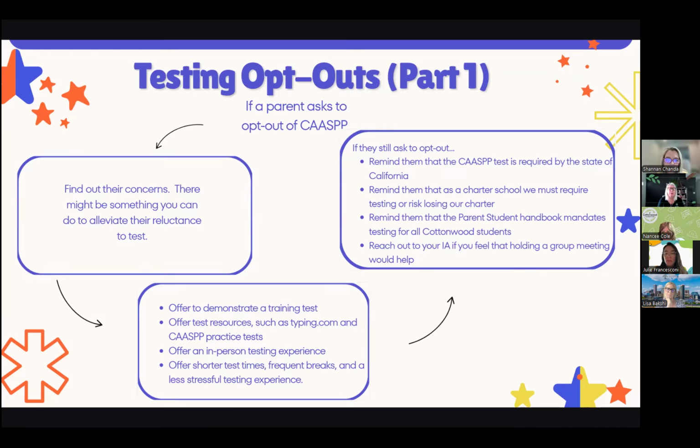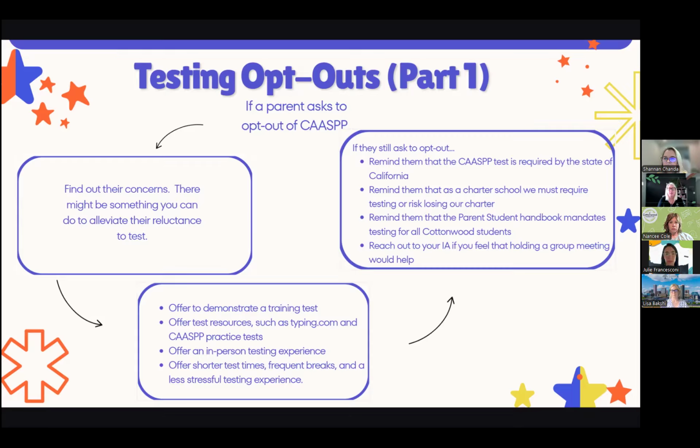You can offer an in-person testing experience. Our test prep parties are wonderful, but not everyone is able to attend those. So we would like you as HSTs to go ahead and offer those experiences. Offer shorter testing times, frequent breaks, a less stressful test experience.